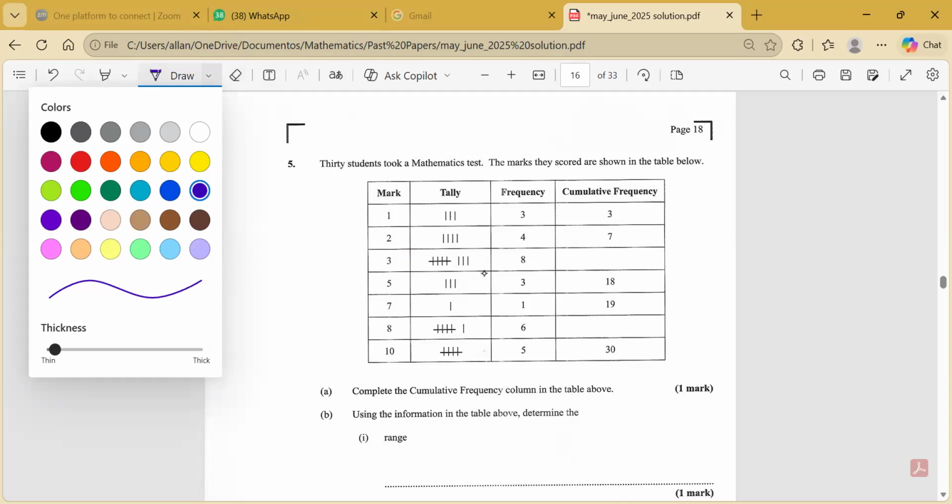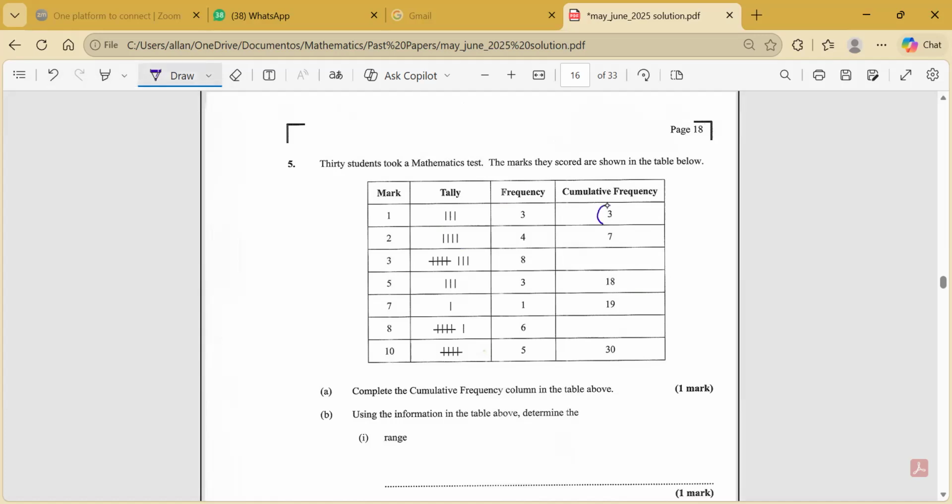I will show you shortly so you understand how simple this is. You start with the same frequency, so whatever number is here, you start with that in your CF as well.